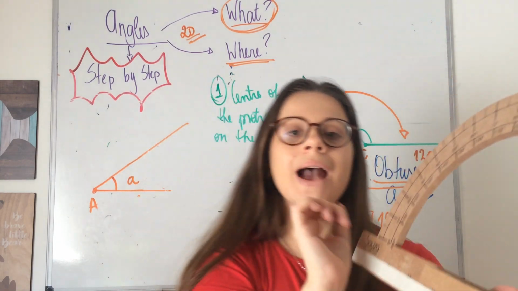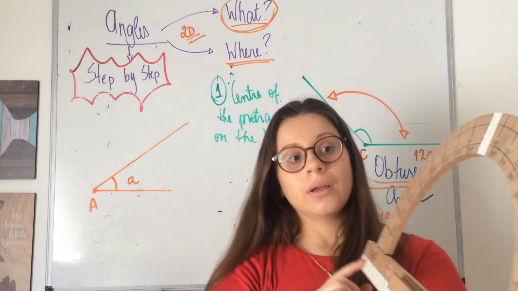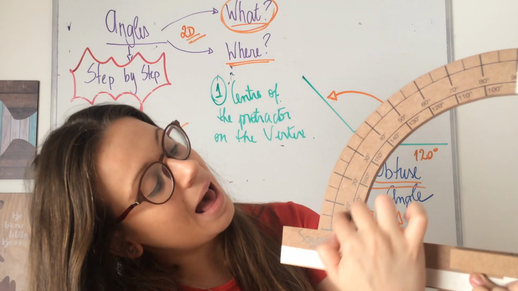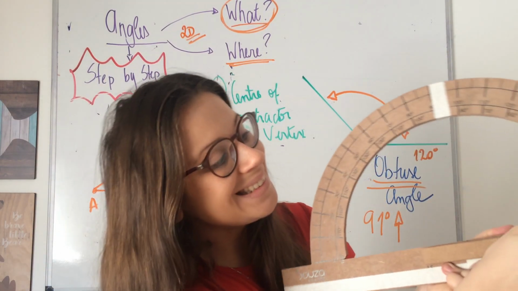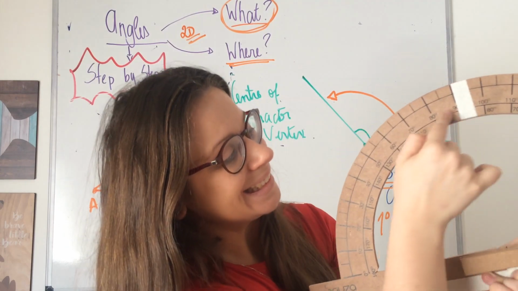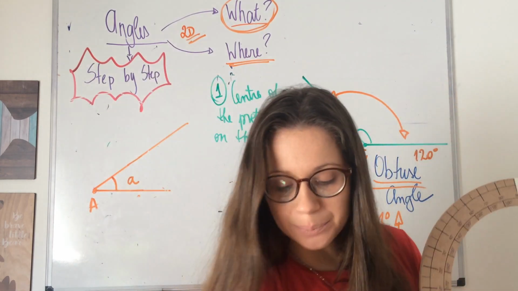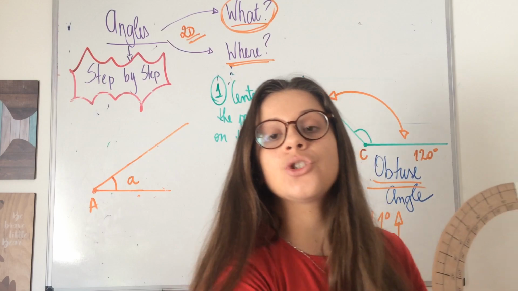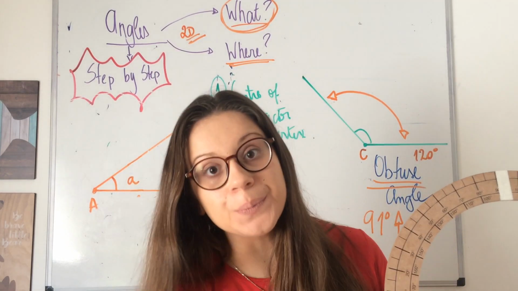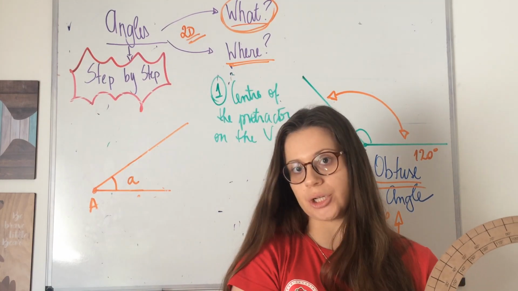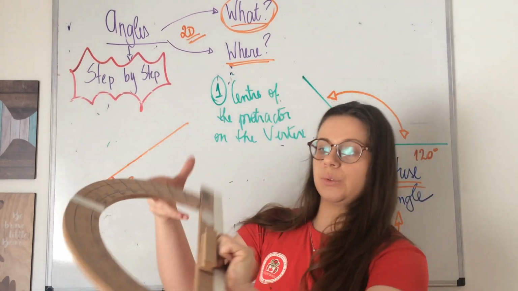And depending on how I place the protractor, I am going to use the outside scale or the inner scale. In the protractors, you always have two scales, the outer and the inner. And then you just have to pay attention. Which scale are you going to use?